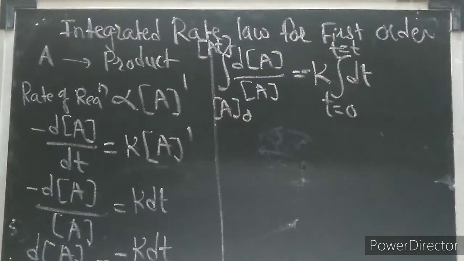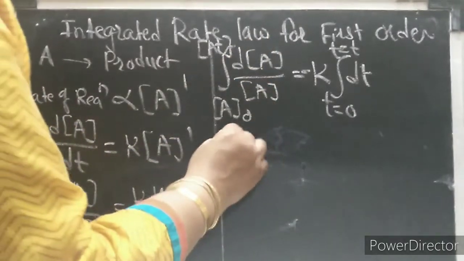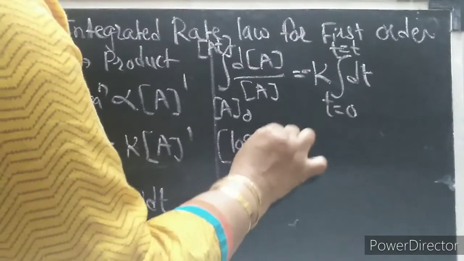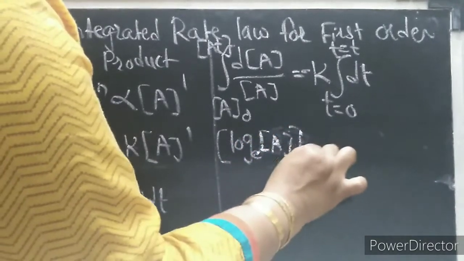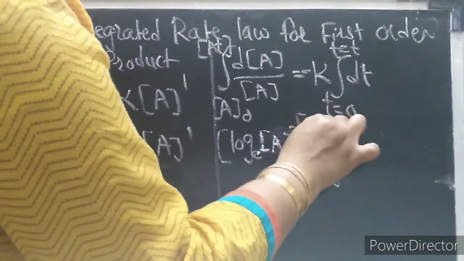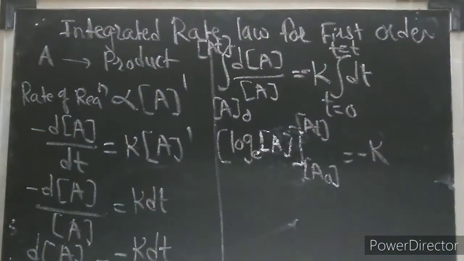So in thermodynamics we already learned what is the integration of any function dx upon x. It is log to the base e x. So similarly, integration of dA upon A is nothing but log to the base e concentration of A, with limits A0 to At, is equal to minus K. What is the integral of any function dt?